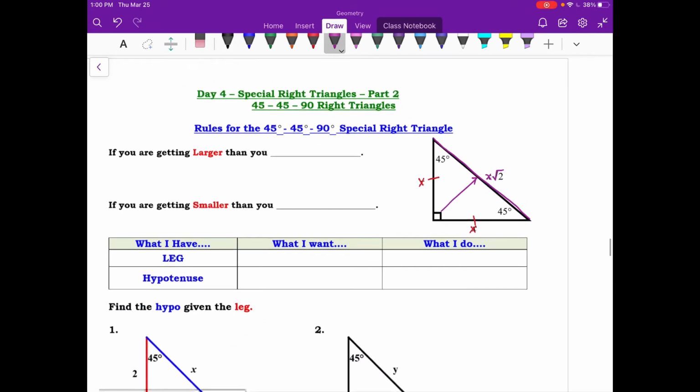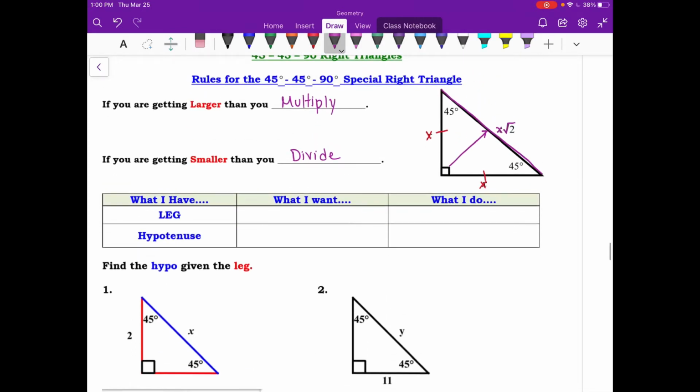So remember, this is not changed from yesterday. If we're getting larger, we're going to be multiplying. And if we're getting smaller, we will be dividing. Okay, so we're going to be filling in a table kind of like how we did for day 3. When we have one of the legs, one of the x's, and we want the hypotenuse, we will be multiplying by square root of 2.